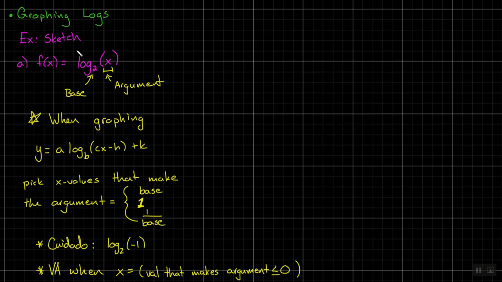Once we do this by hand a few times, do I care if you use your calculator? No, in fact, I'll even show you how to do it on your calculator. So we're going to use 3 columns: x, log base 2 of x, and would you prefer f of x or y?